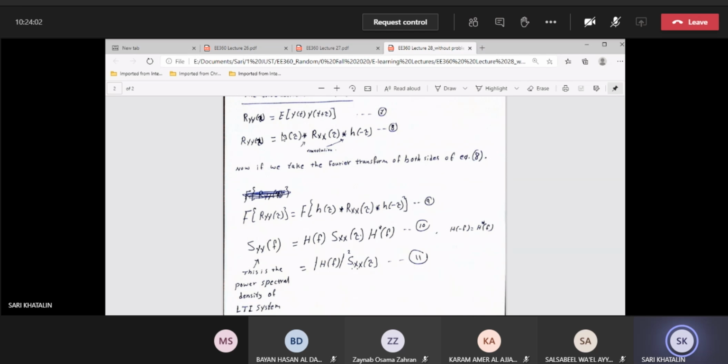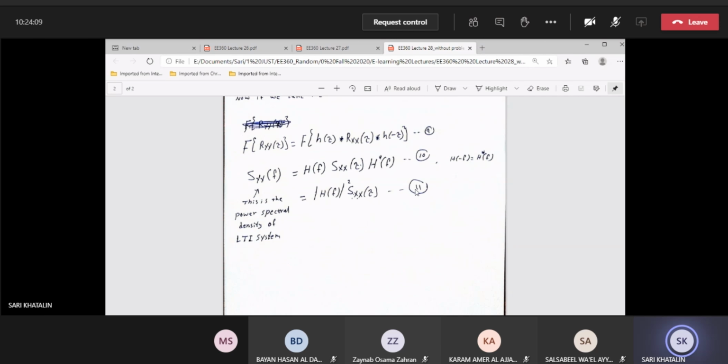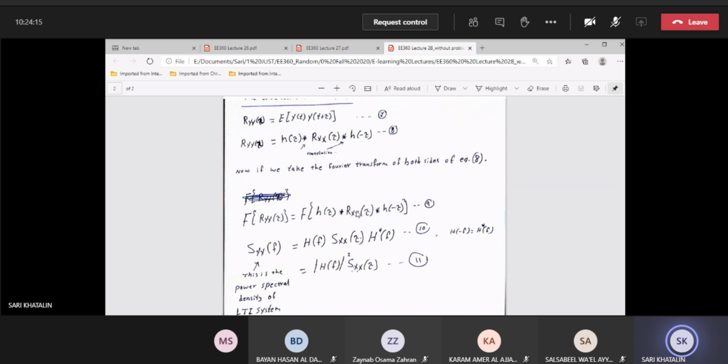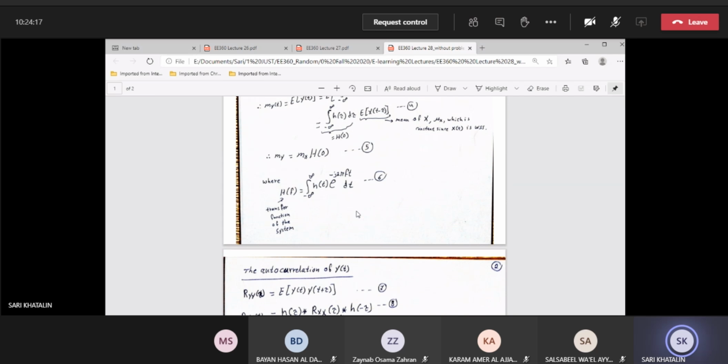You do the integration for this one first, then this one, and these are the results. Equation 11 is the one we are focusing on through this analysis, which is the power spectral density for the LTI system. Okay. Any questions on what we talked about today?